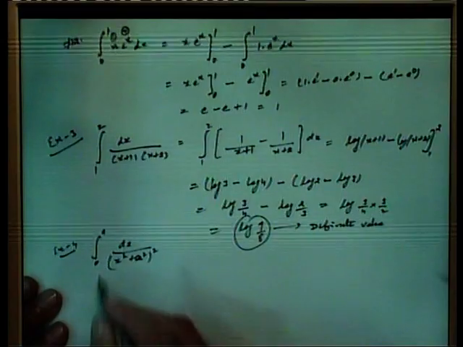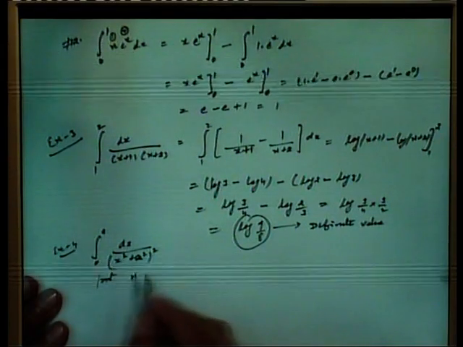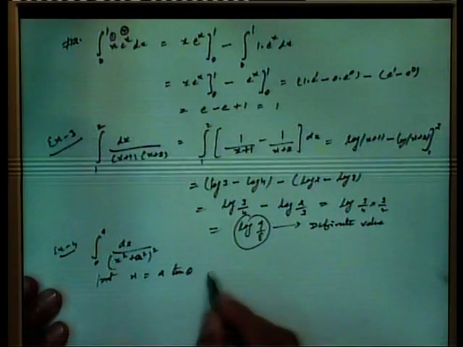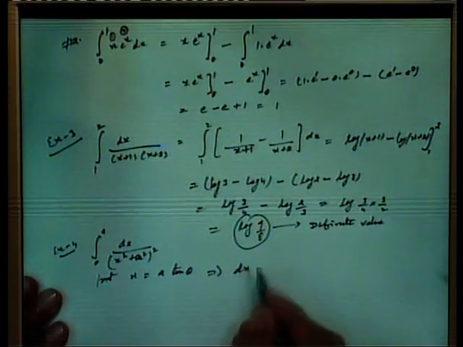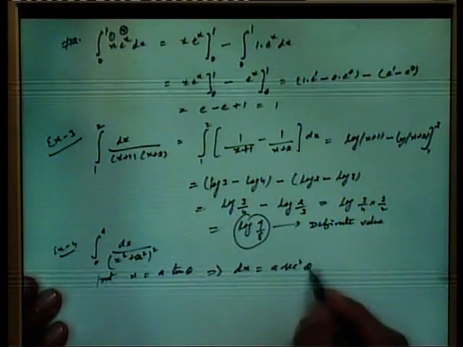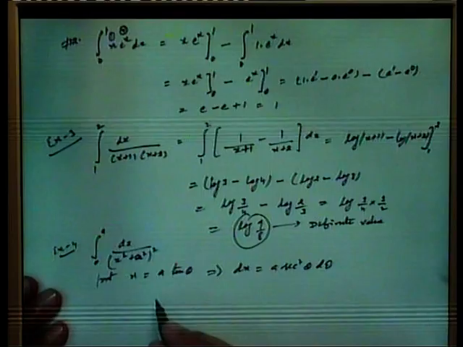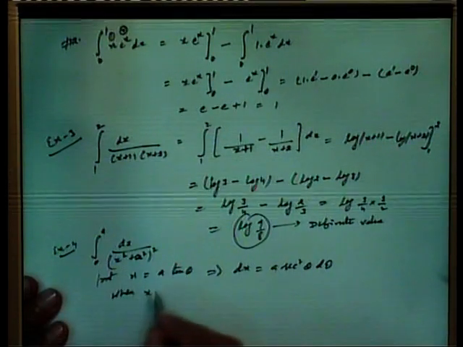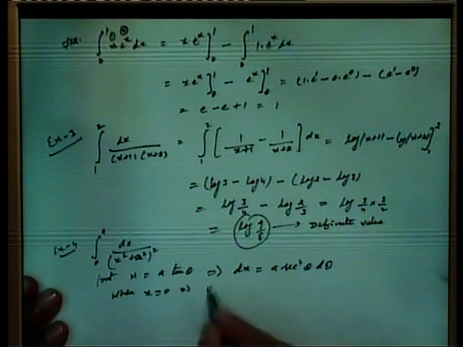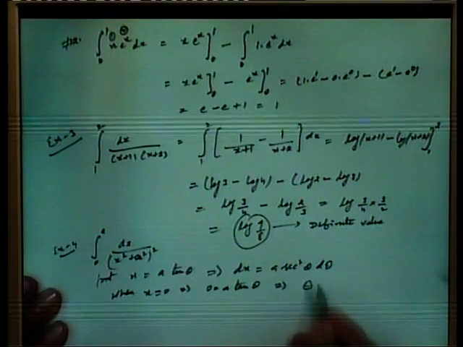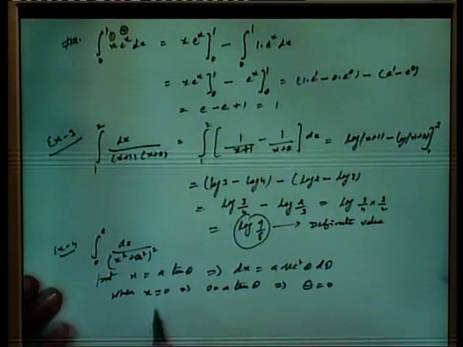Here we put x equal to a tangent theta. This means dx is equal to a secant square theta d theta. When x is 0, 0 equals a tan theta, which means theta equals 0.